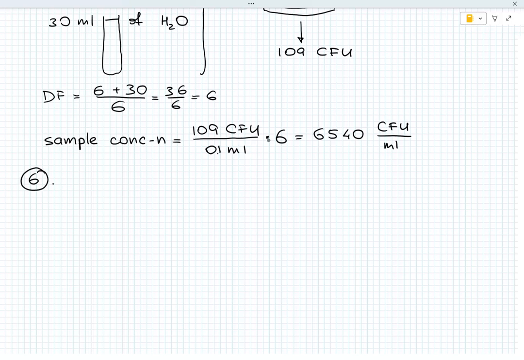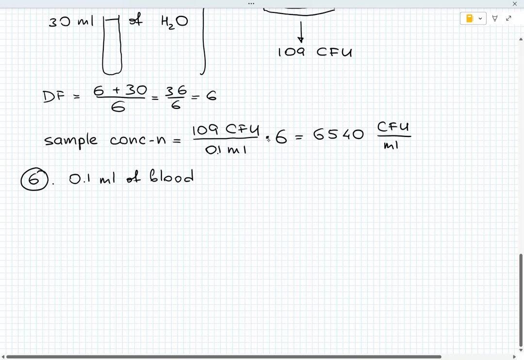What is the volume of a sample? 0.1 ml of blood. How is it diluted? In 9.9, right?